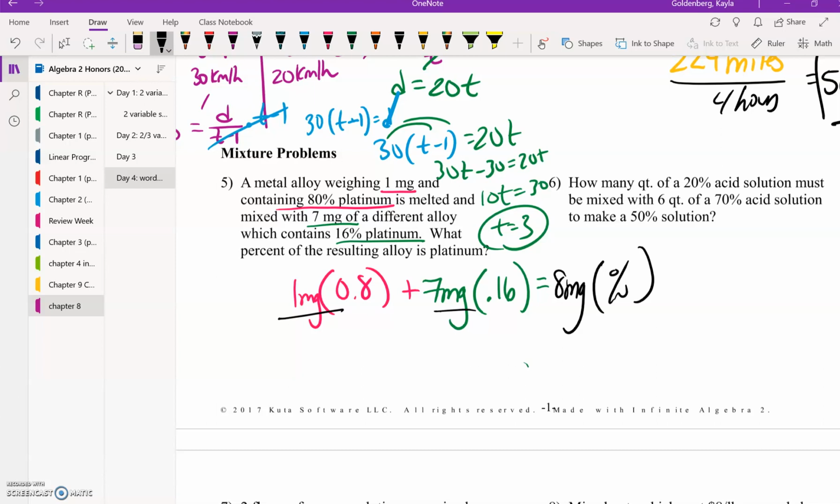What you can do is say, if it's 1 milligram, 1 times 0.8 is equal to 0.8 milligrams of platinum. Similarly, if you do 7 times 0.16, right, 16%, you get about 1.12, oops, sorry, not grams, milligrams. That's pure platinum.